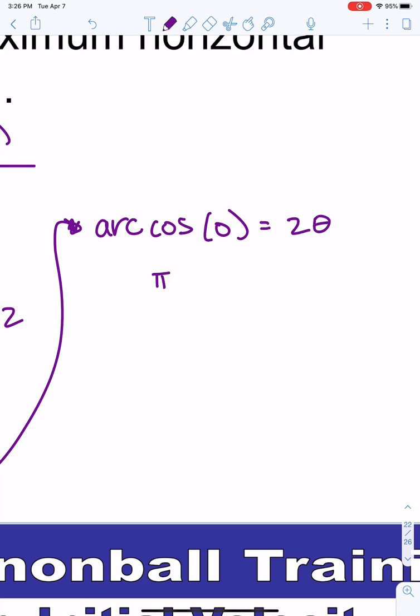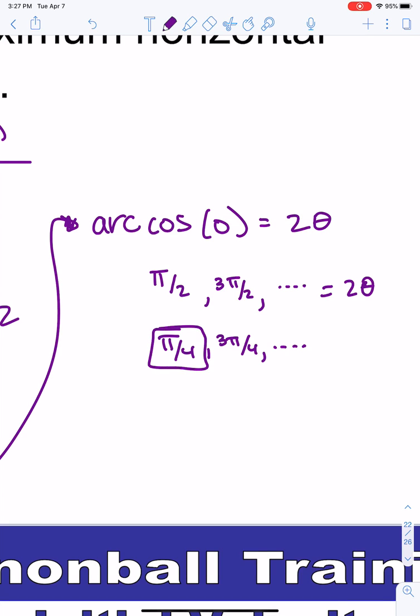So it'll be pi over 2 and 3 pi over 2, and it would keep going. So that is equal to 2 theta. Divide both sides by 2, and I'm going to have pi over 4, 3 pi over 4, etc. And this is the only one in that 0 to pi over 2 range that I'm looking at.